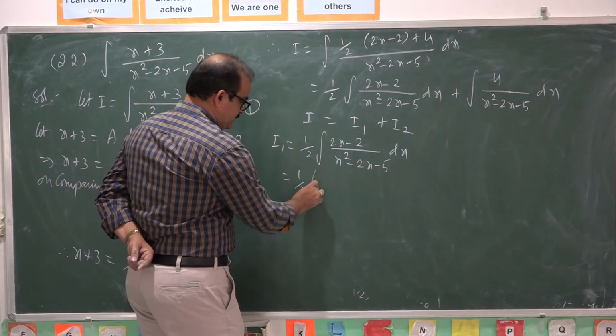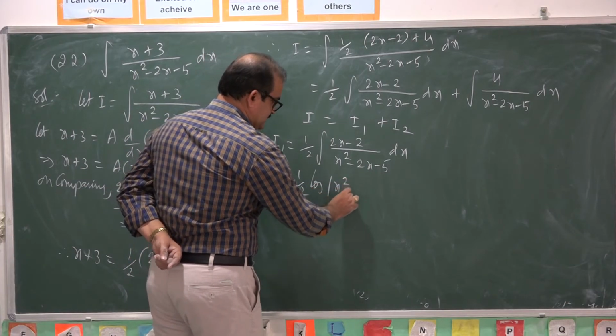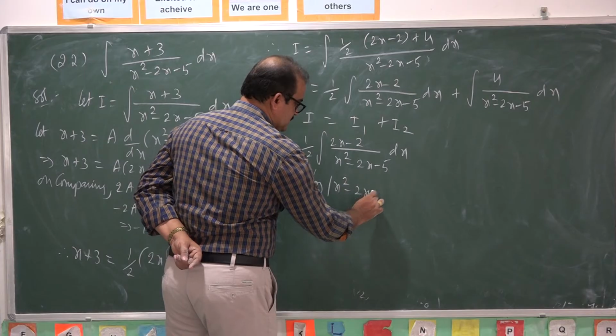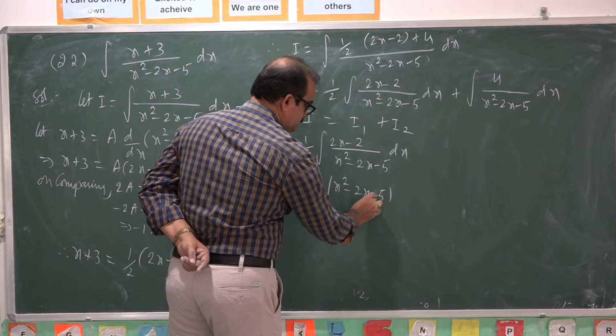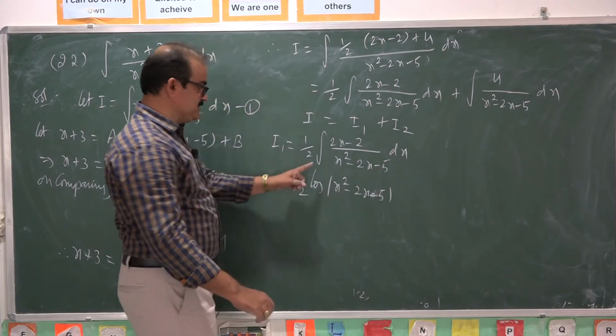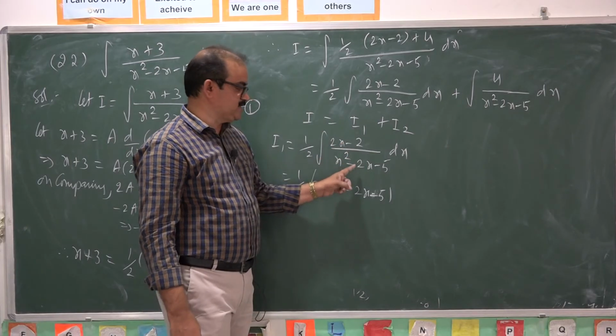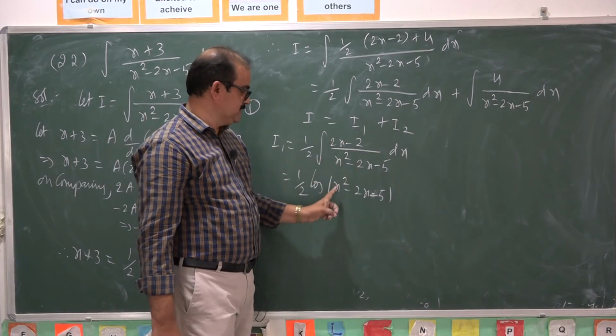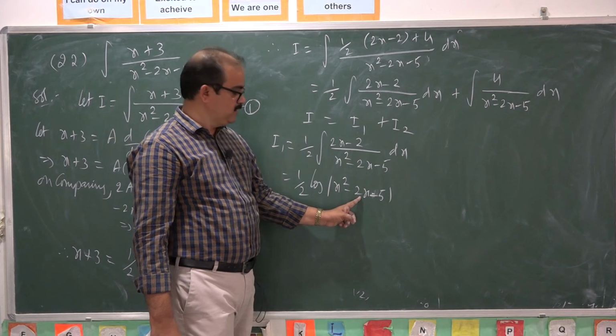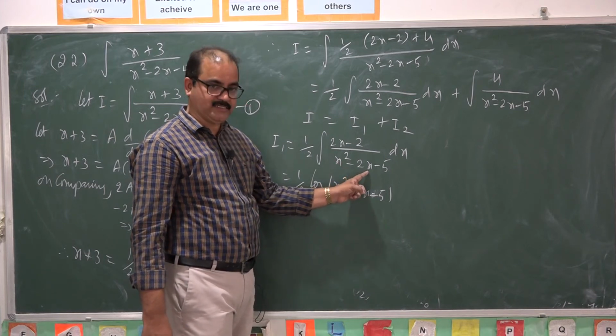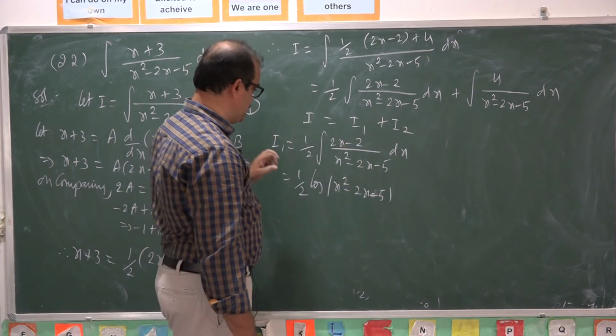So 1 by 2 into log mod (x² − 2x − 5). It is in the form of integral f dash x by f of x into dx, that is log mod f of x. What is f of x? x² − 2x − 5. Next, I2.